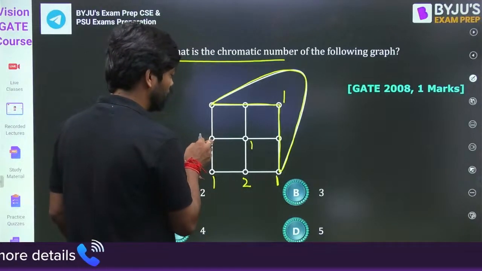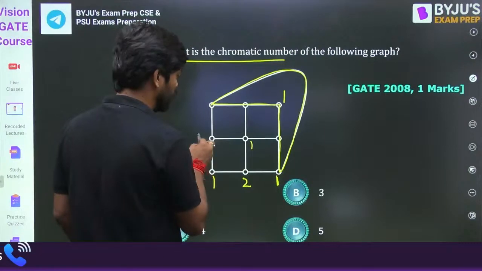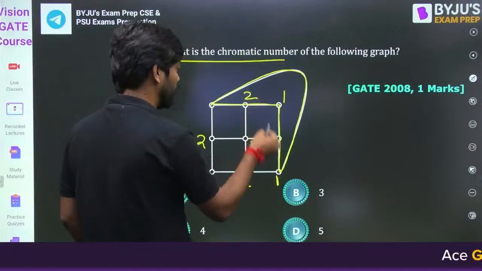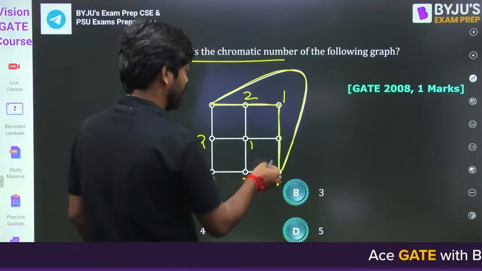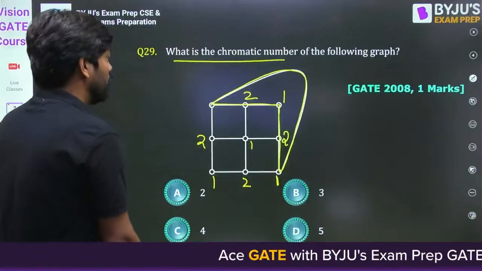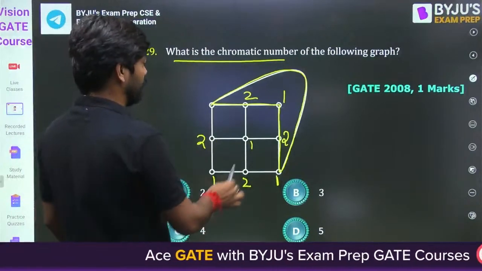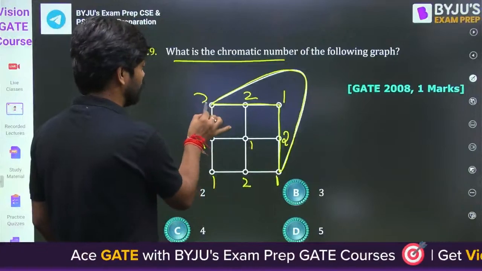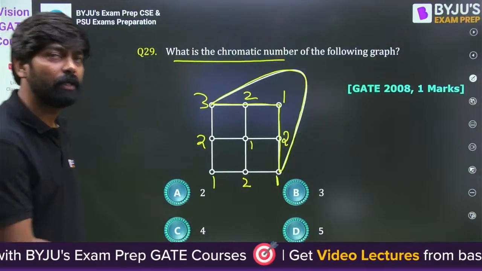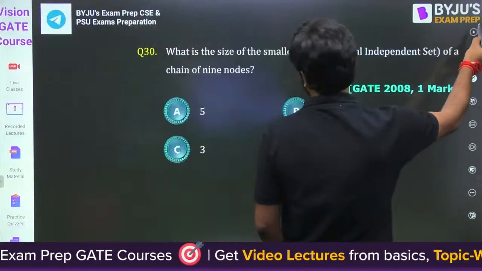This one, 2. This one no problem. Now this one is remaining. Can I color with 1 or 2? No. So minimum one more color is required. So 3 colors are required for this one. So that's why 3 is the right answer.